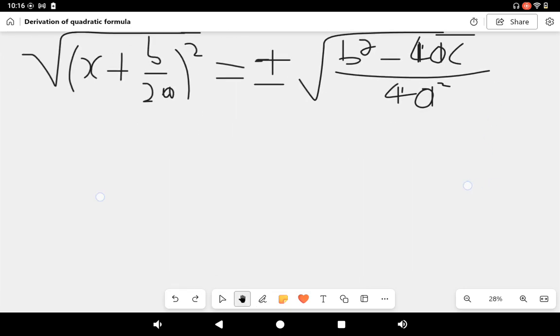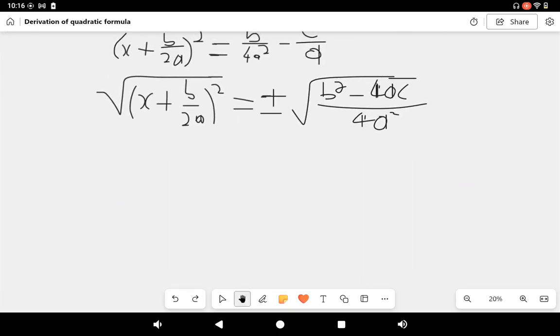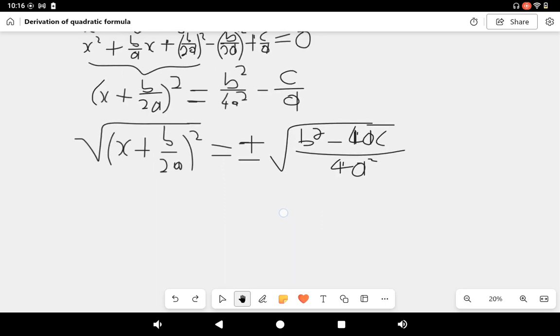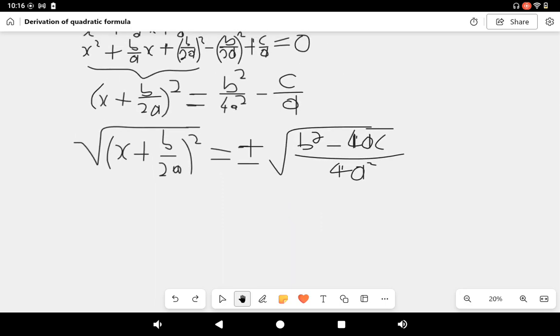Now this 4ac, if you remember, whenever you add or subtract fractions in mathematics, you first have to ensure that the denominators are the same. Otherwise, you have to find the LCD, lowest common denominator. In this case, the lowest common denominator is 4a squared, right? Because comparing these two terms on our right hand side, the first term's denominator is 4a squared, which is our LCD.